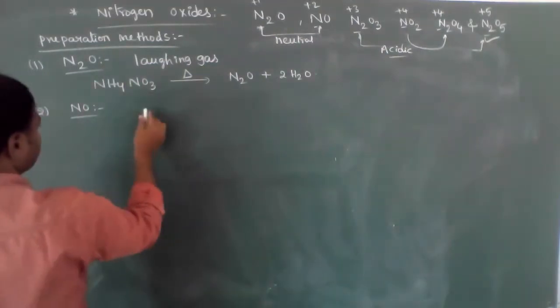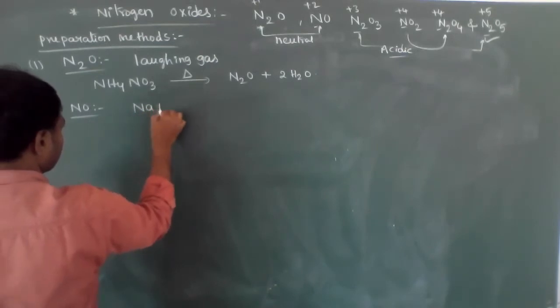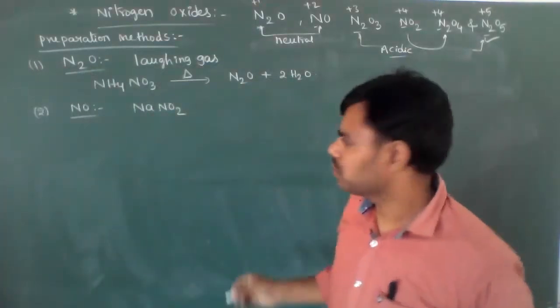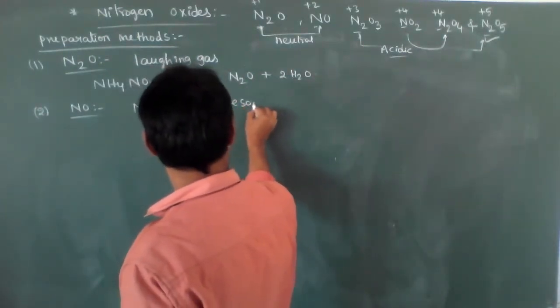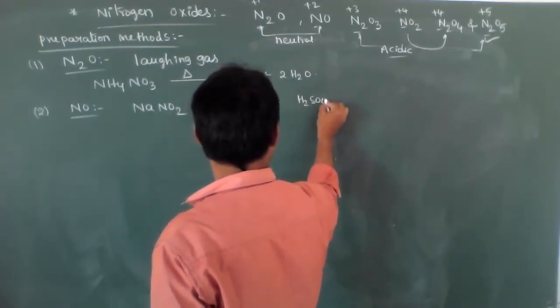The second one is NO, nitric oxide. We can prepare NO when sodium nitrite, NaNO2, reacts with ferrous sulfate in acidic medium, using H2SO4.